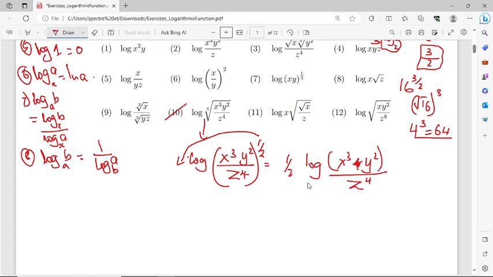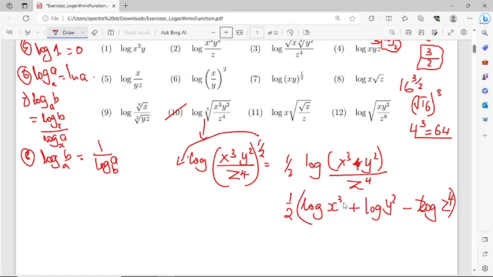Then now open the brackets, so we have a half. Then expand them: log x cubed, then plus log y squared, then minus, because we are dividing, log z raised to 4. So this is under the bracket, because a half takes care of all of them.